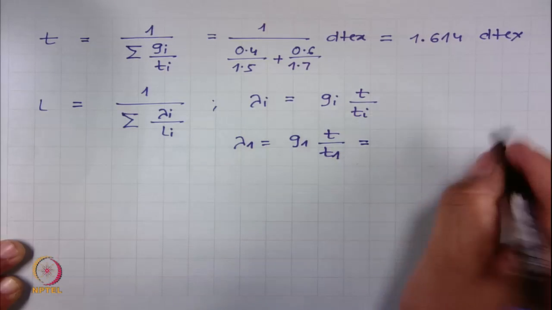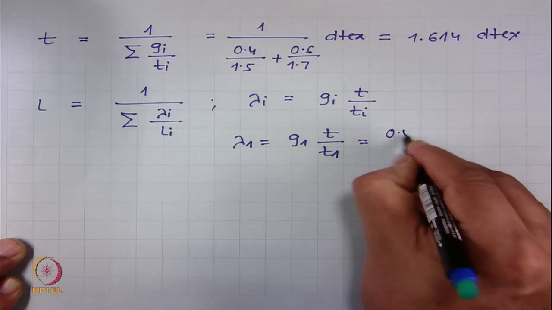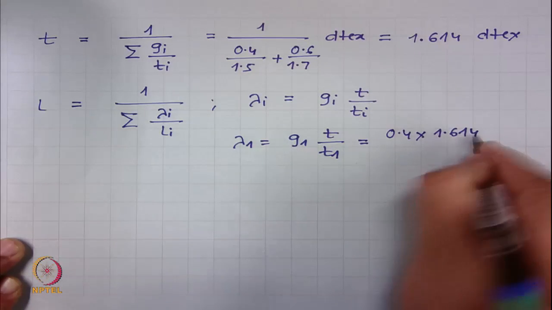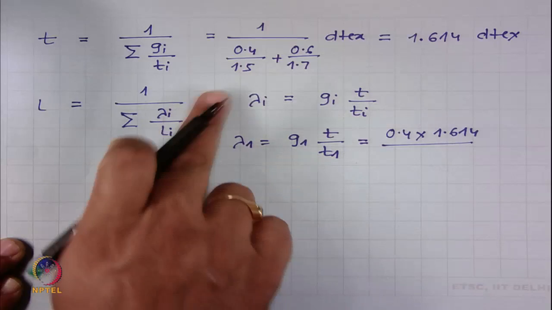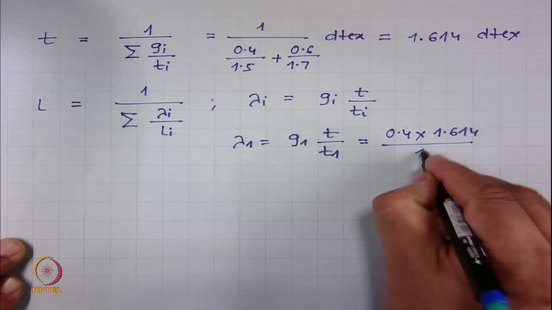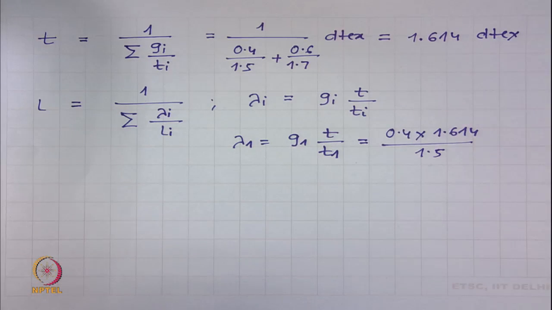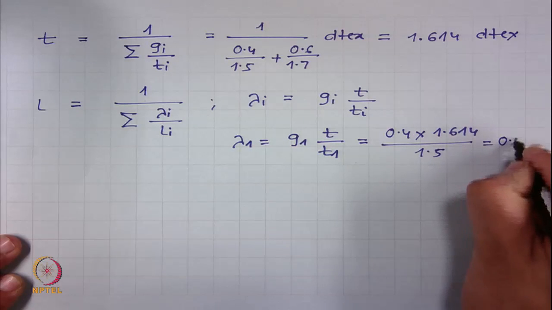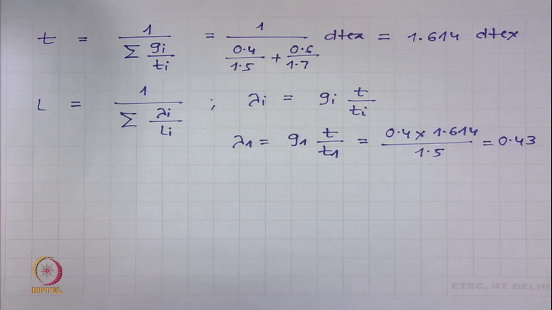G1 is 0.4, T is 1.614 and T1 is 1.5, dimensionless. Its value will be 0.43. Lambda 2 will of course be 1 minus 0.43, so 0.57.